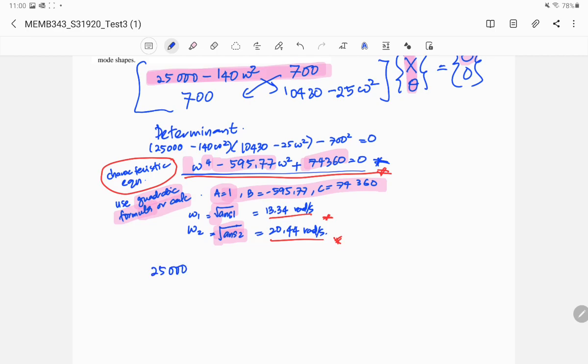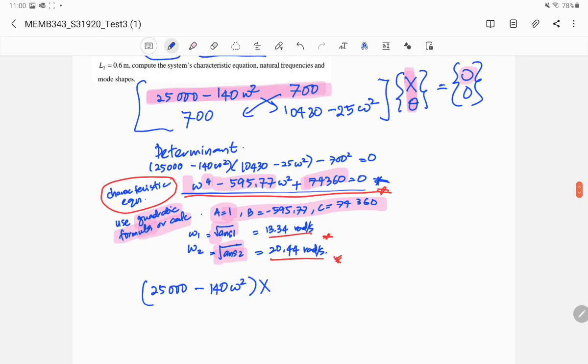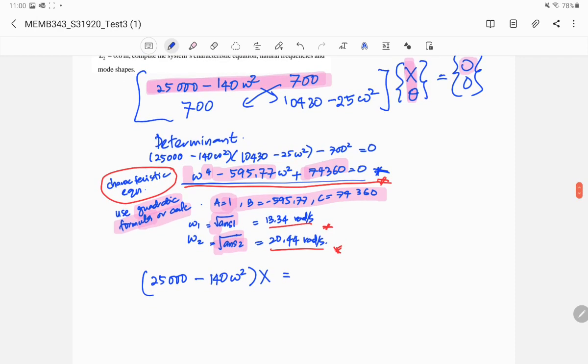If you write that equation, it is 25,000 minus 140 omega square times x equals the 700 theta, which you can bring to the other side of the equation. You want to express it in terms of theta, negative 700 theta.